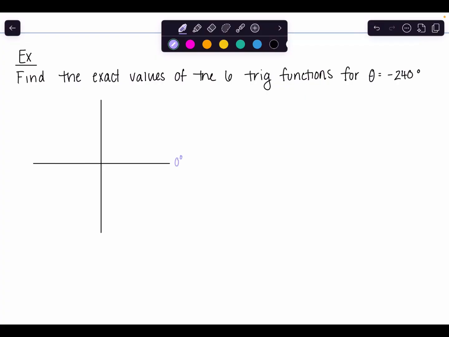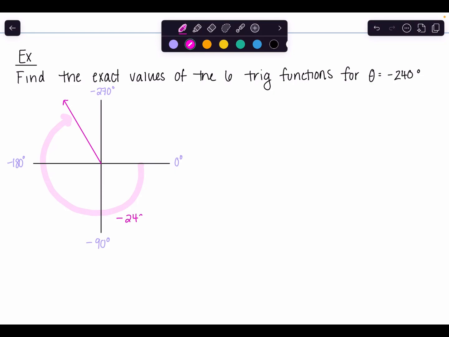So let's try an example of this where we're gonna find all of the 6 trig functions for one of these angles. And the angle we're given is negative 240. So again, I wanna draw a picture just while I'm getting used to all of this stuff because it's gonna help us out a lot. This would be 0 degrees.